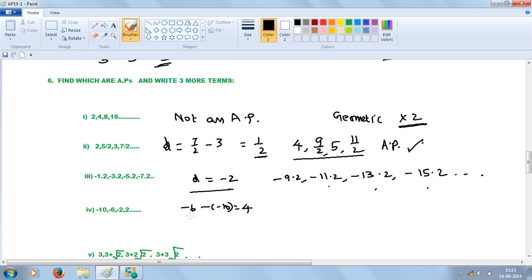So this common difference is 4. We have checked all the terms, therefore it is an AP. So after 2, next is 2 plus 4, 6, 10, 14, 18, and so on. So we have done.